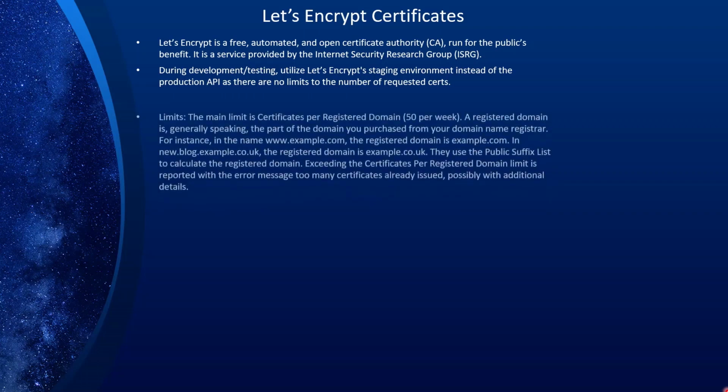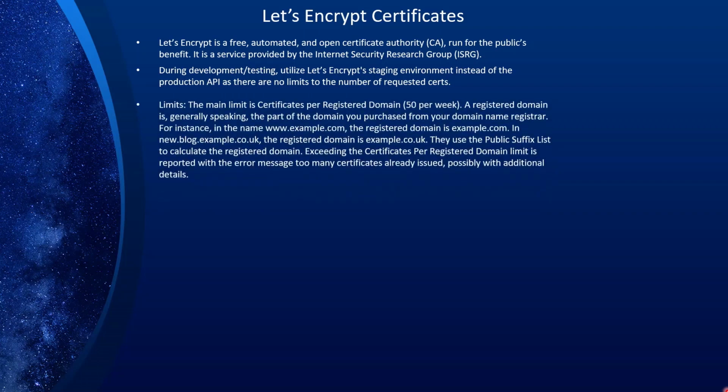Now, as far as the limits for production, the main limit is certificates per registered domain, 50 per week. A registered domain is, generally speaking, the part of the domain you purchase from your domain name registrar. For instance, in the name www.example.com, the registered domain is example.com.